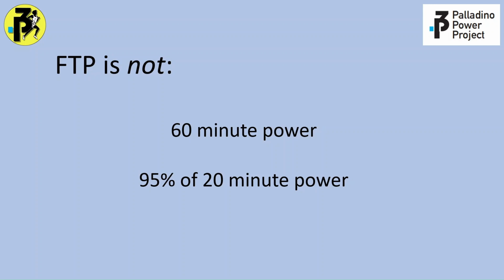Unfortunately, people have sort of bent some of the things that he has said and come up with incorrect definitions for what functional threshold power is. Functional threshold power is not 60-minute power.